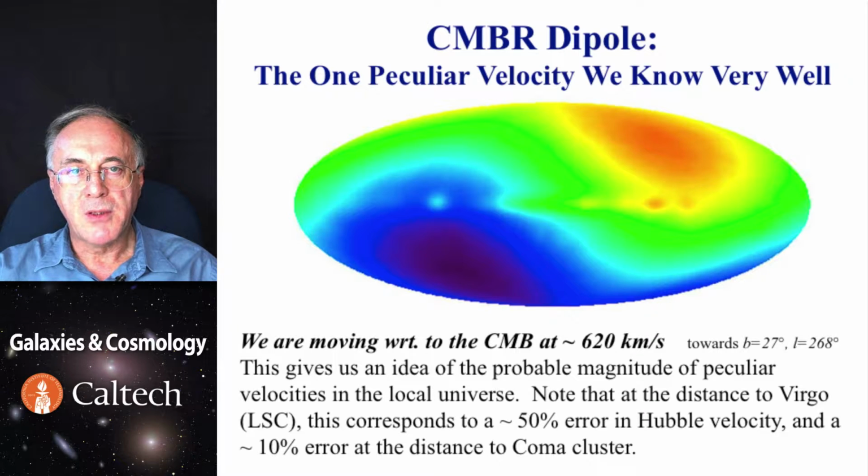It turns out this is fairly commensurate with typical peculiar velocities in the large-scale structure around us today, or for galaxies maybe a little less, a couple hundred kilometers per second. But the Virgo cluster has a Hubble recession velocity of only like 1,000 or 1,200 kilometers per second. So a peculiar velocity component like this could really make a difference.